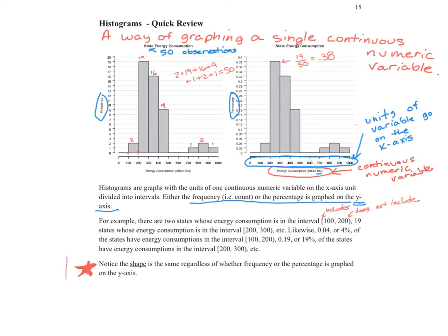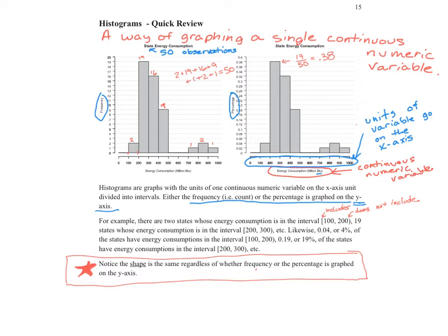So note the shape is the same regardless of whether frequency or count or percentage is graphed on the y-axis. So what's the point of having two graphs if they look the same? And in honesty, if you have only one group of data that you're looking at, it doesn't matter which one you look at. It's just a matter of personal preference, really.